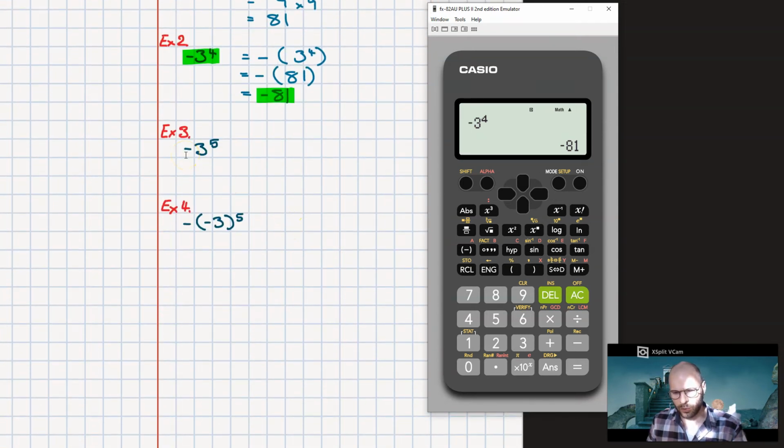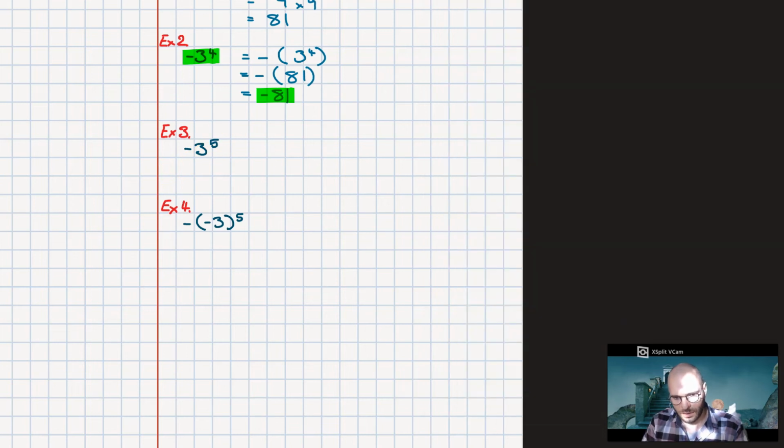Okay, the third one is minus 3 to the power of 5. Once again, we're going to test it out, and the minus comes out front, and then 3 to the 5.